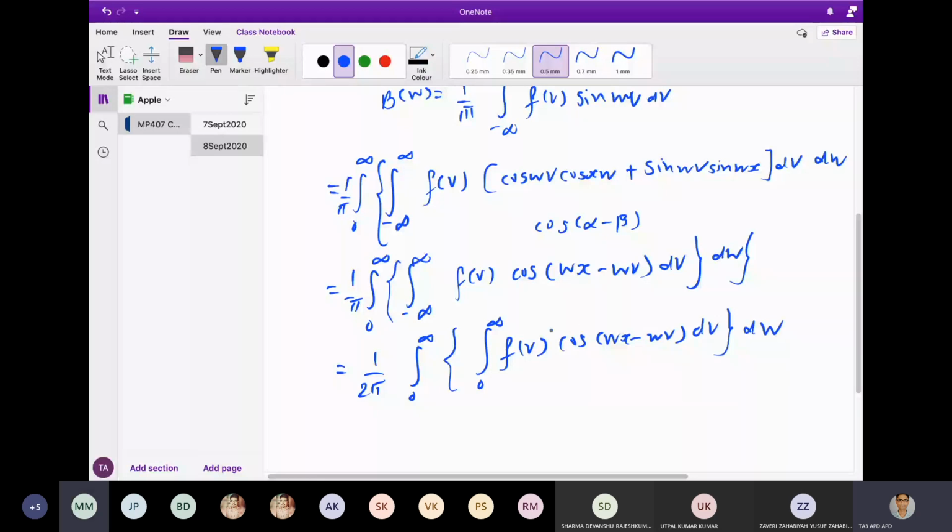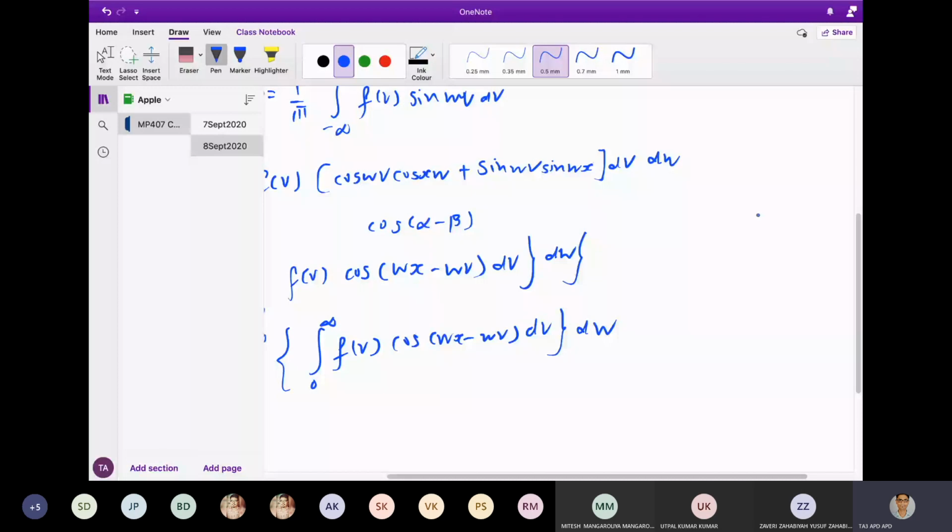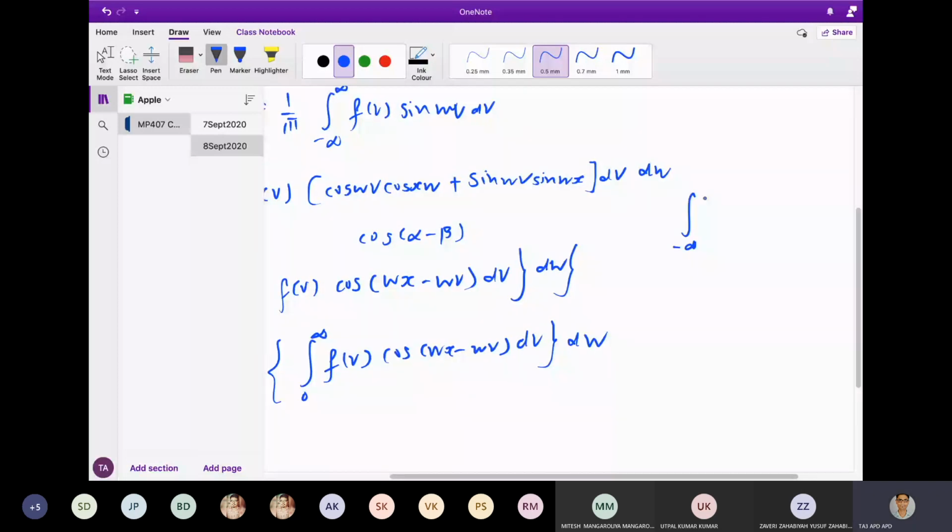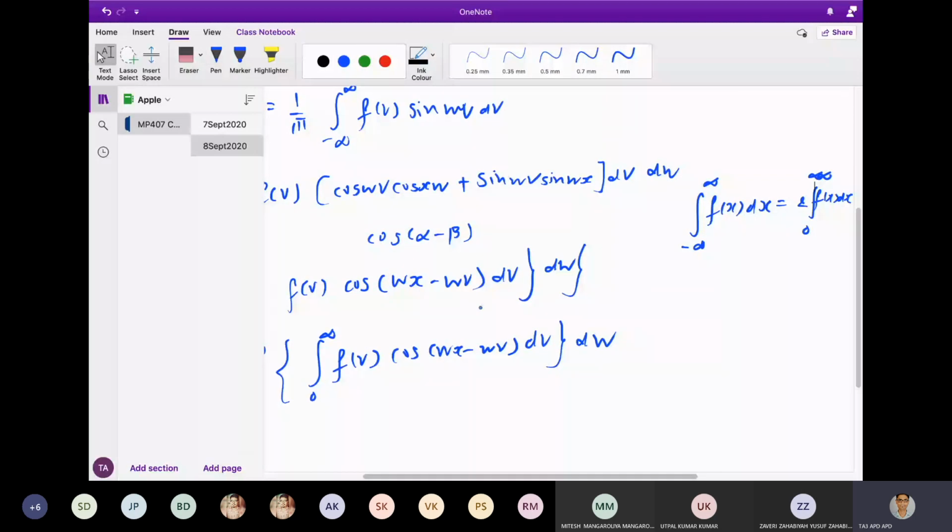Hello sir, 2 by pi will come as the factor, right? No, see, what we do is, if you have an even function, integral from minus infinity to plus infinity of f(x) dx, what do you write? This is 2 times the integral from 0 to infinity of f(x) dx. So what I'm writing, sorry, it's my mistake. What I need to do here is that we are talking about this integral.